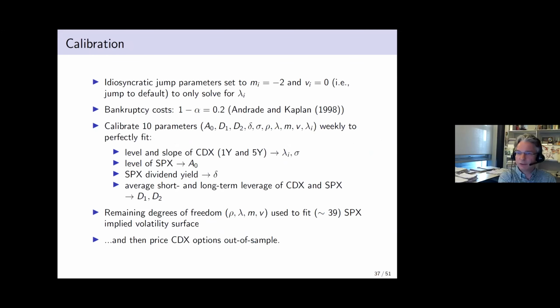So we have then to calibrate this model. We calibrate it to the equity option side, and then we look at the pricing out of sample of the credit options.